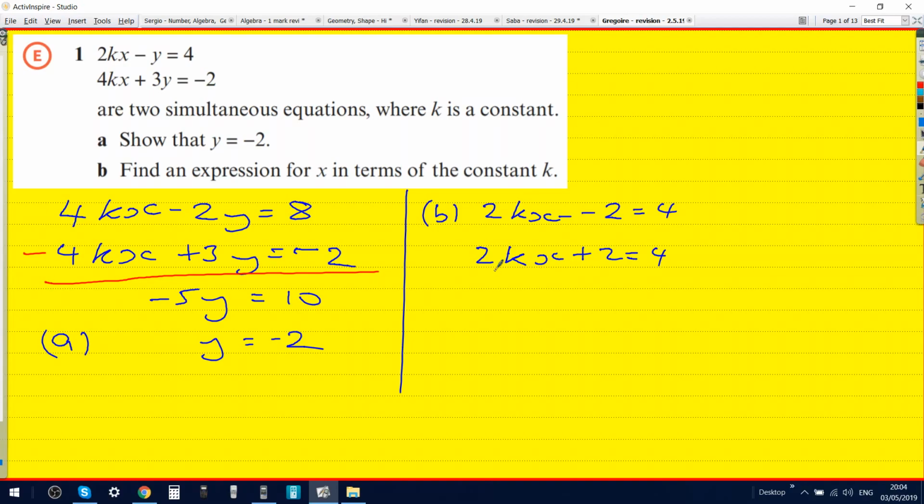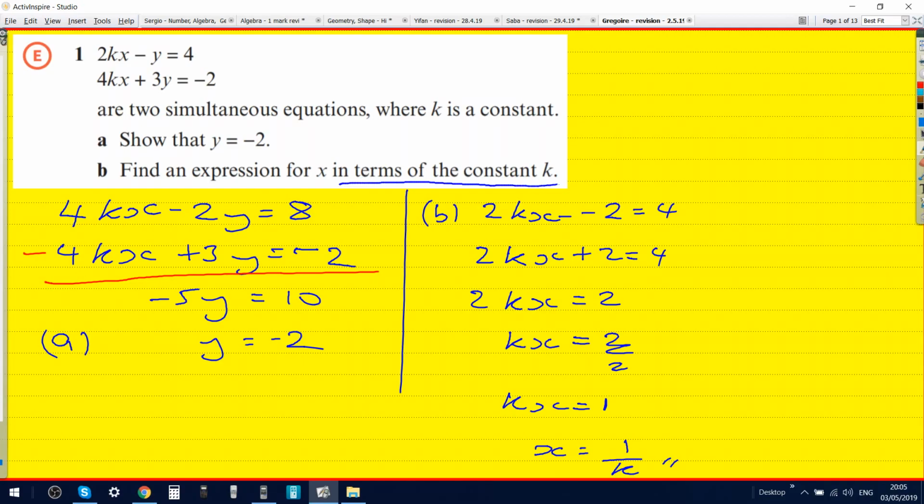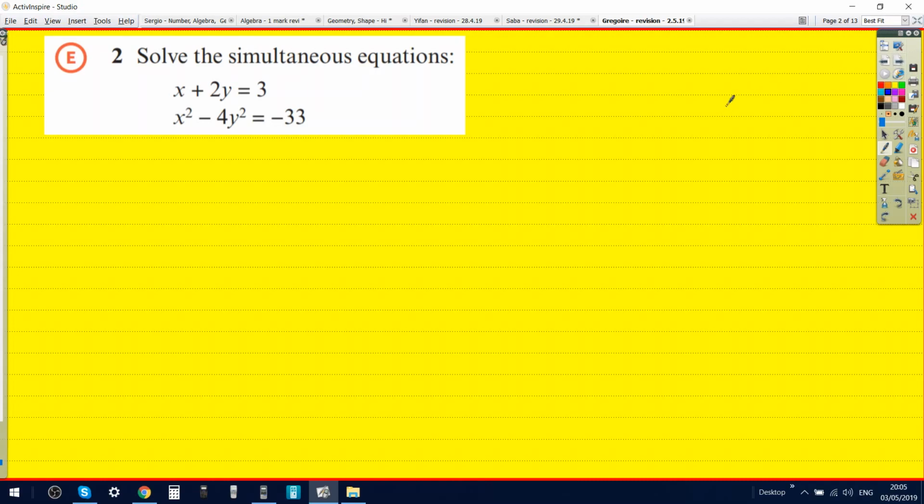Then from here we make it 2kx equals 2, and then kx equals 2 over 2, which is 1. So then x equals k? Or 1 over k? 1 over k, yeah. That's it. They wanted x in terms of k, so that means k must be in your answer. That's fine.